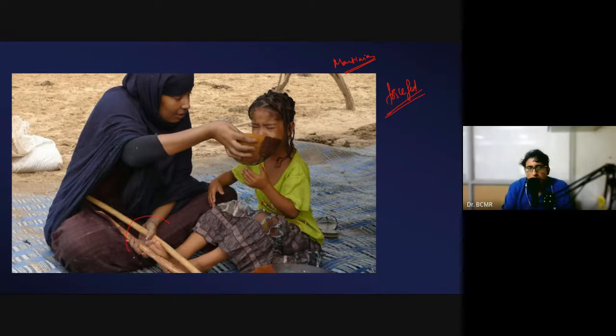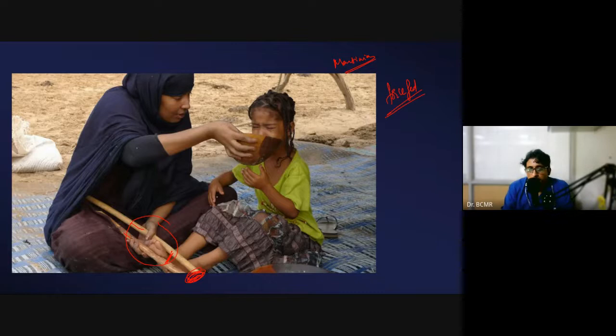What you see here, the feet are between two legs, and on this side, these two sticks will be tied together, and then the mother is holding the stick, pressing the feet in between.